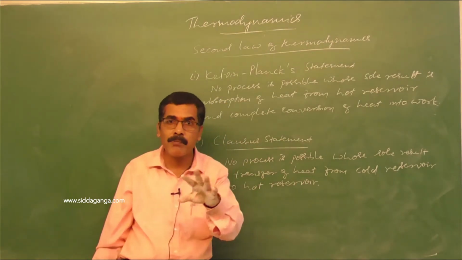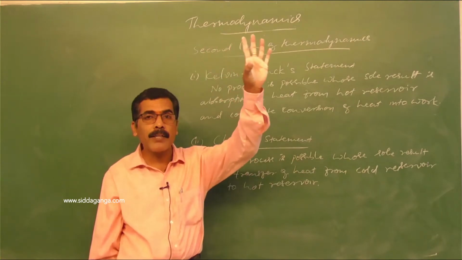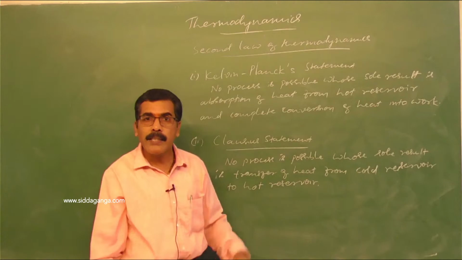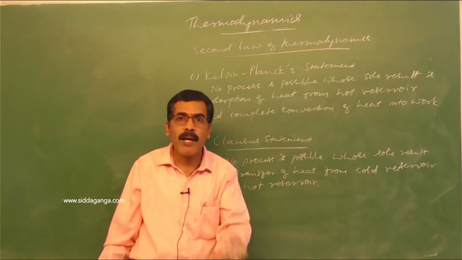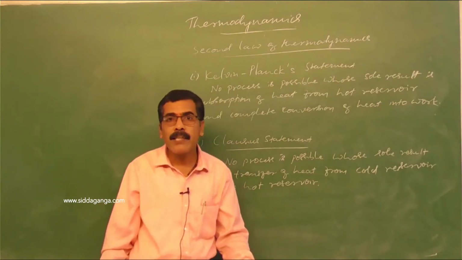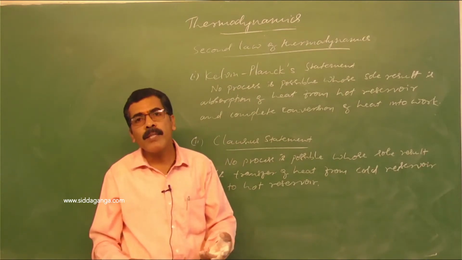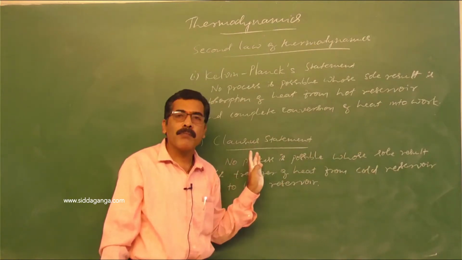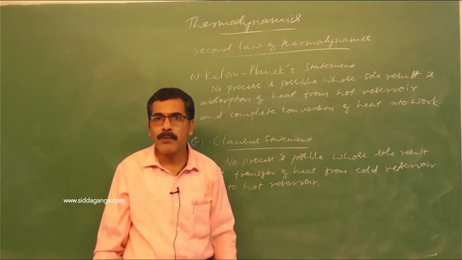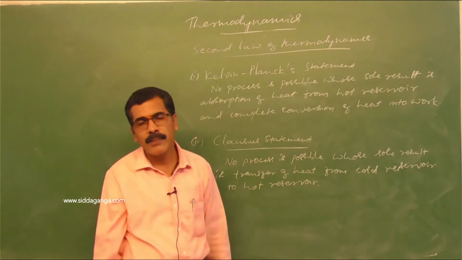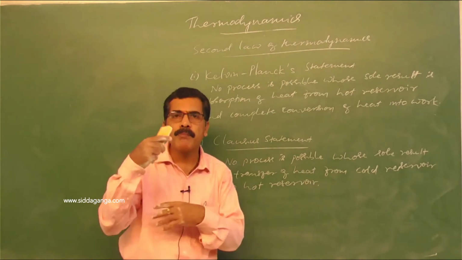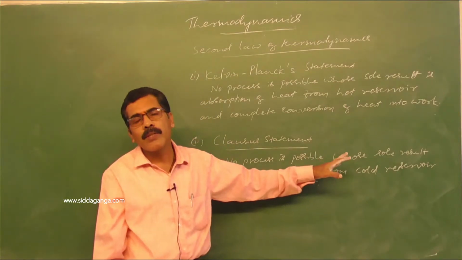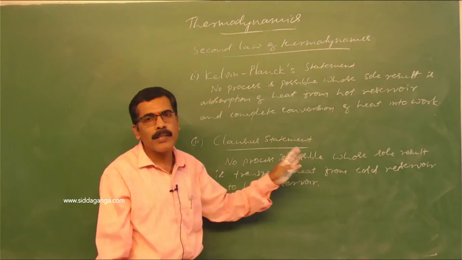Even if you imagine there is a self-acting machine, though there is no self-acting machine actually, it is impossible for it, unaided by any external agency, to transfer heat continuously from a body at a lower temperature to a body at a higher temperature. That is not possible unless you put some external work onto the system.